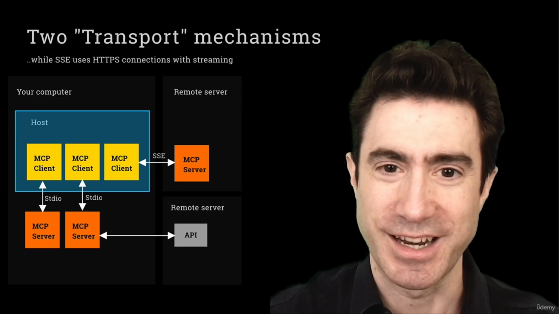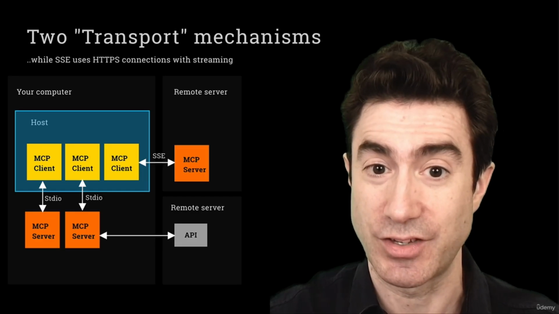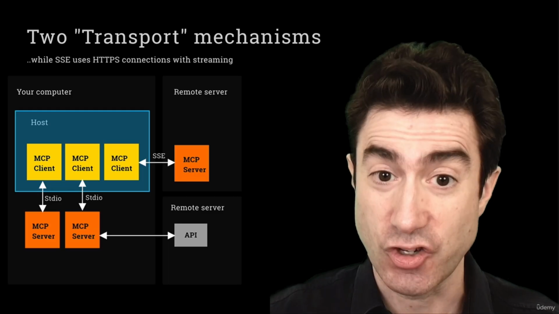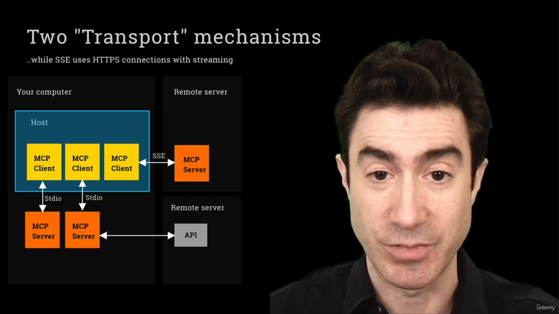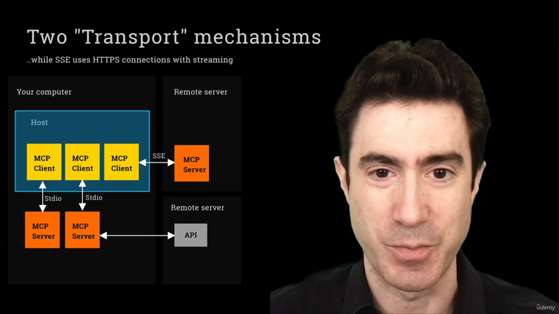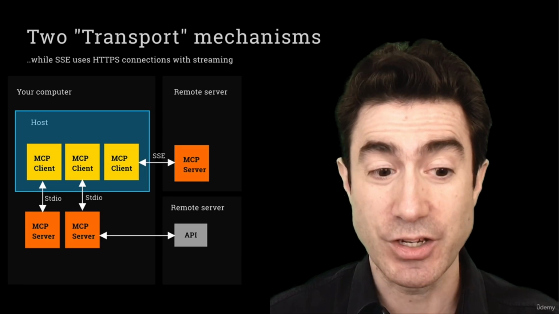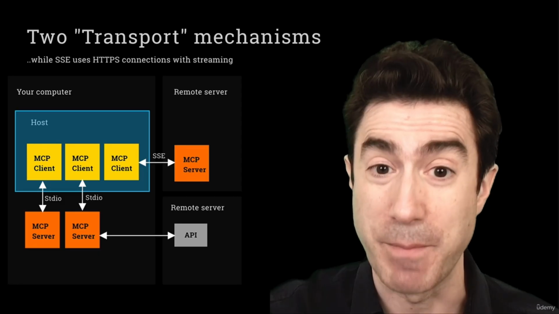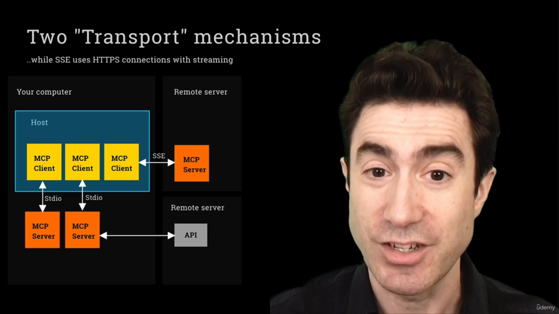The other technique is called SSE, which stands for server-side events. It uses an HTTPS connection and it streams back results, much the way that you see stuff streaming back from LLMs when you see the information flowing back. That also uses SSE technology. And if you're going to use one of these remote MCP servers, a hosted or managed MCP server, as in the picture on the top right there, then you need to use SSE.